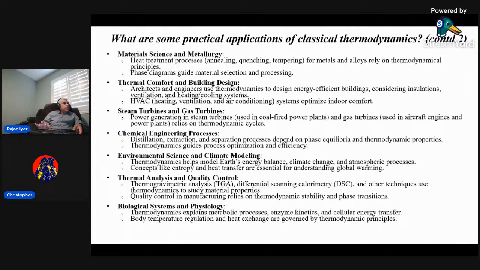Okay, so the particle applications also included material science and metallurgy, which was one of my main focuses for my graduate study, and heat treatment processes like annealing, quenching, and tempering rely on that. Phase diagrams, which describe what phases exist, including solid, liquid, gas, are important for extraction of metals from the ores.